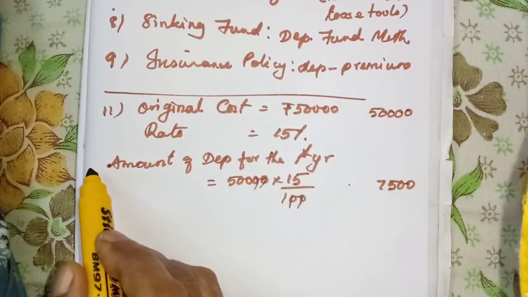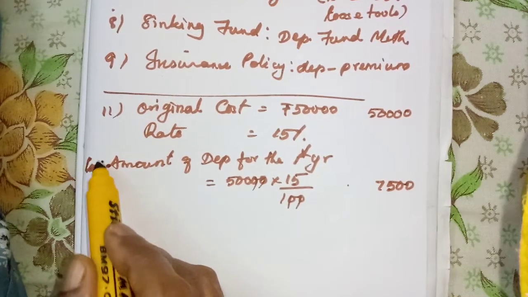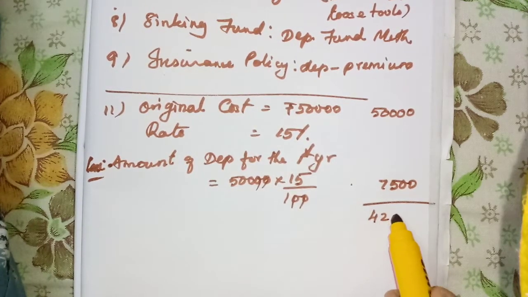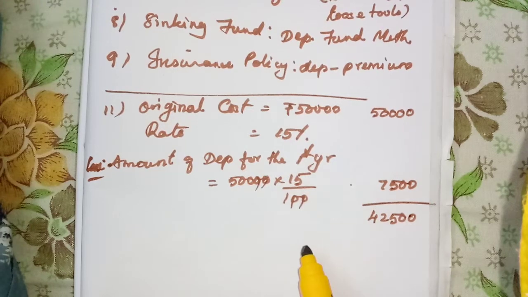We need to deduct this, less the amount of depreciation, so 42,500 we have for the second year.